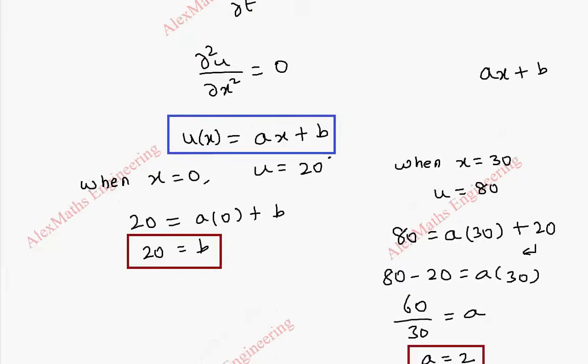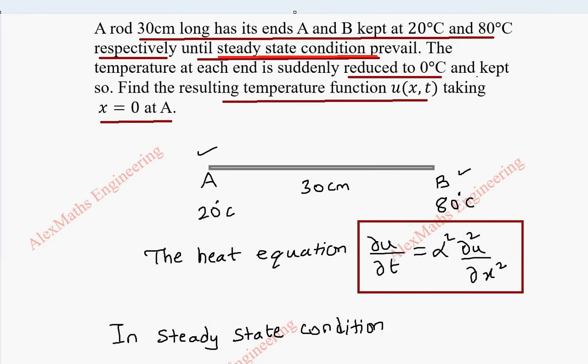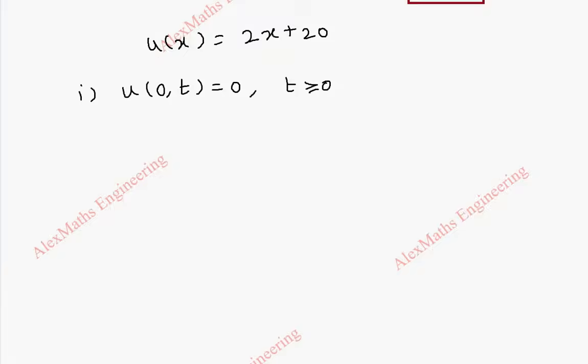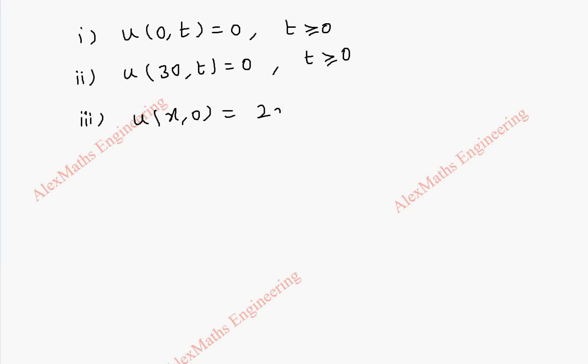So they have given the temperature at each end is suddenly reduced to 0 and kept so. So at x equal to 0, the temperature is 0. In the same way, u of 30 comma t is also 0 for all t greater than or equal to 0. And the third condition, which we got now, u of x comma 0 is 2x plus 20. So these are the initial and the boundary conditions we have.